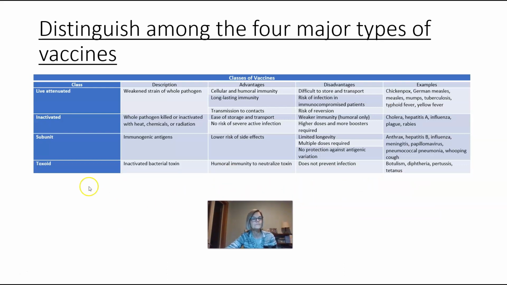Here they say the subunit vaccine is just the immunogenic antigens, which means antigens that can stimulate the immune system. Lower risk of side effects, but limited longevity and multiple doses required. But these are vaccines that we use, and a lot of us have been vaccinated with them.